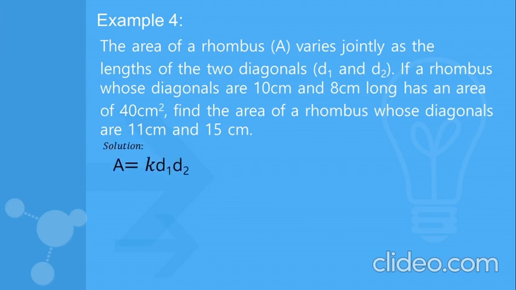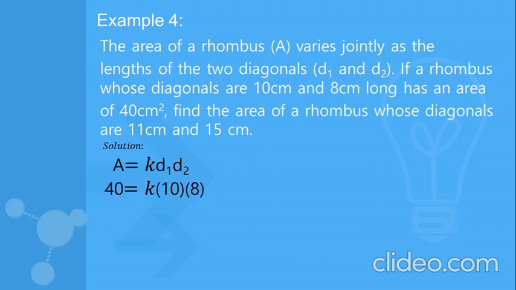For our solution, translate area of a rhombus varies jointly as the lengths of the two diagonals into equation. Therefore, we have A is equal to k d sub 1 times d sub 2.